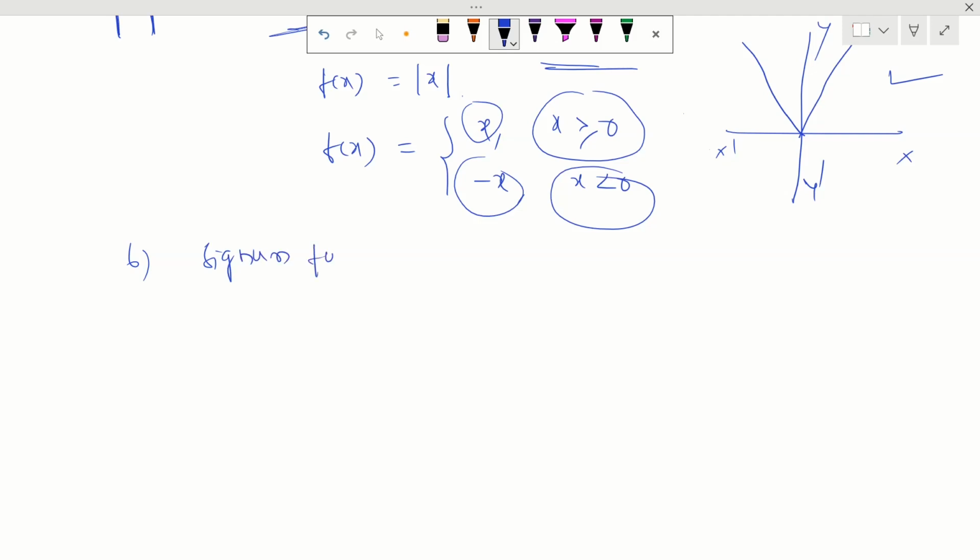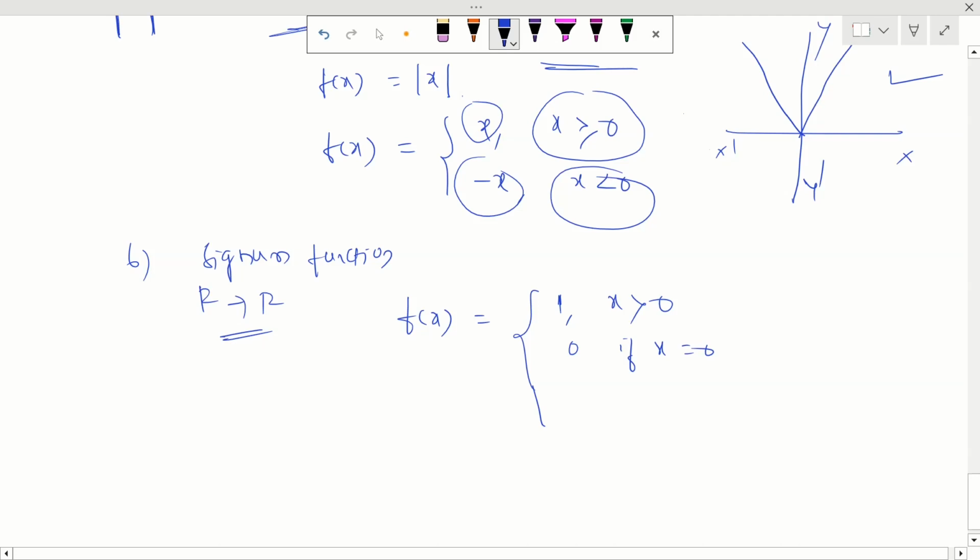Now we also have another function, that is the signum function. In the signum function, we define a function relation for the real numbers, with three different conditions. y is equal to 1 when x is greater than 0, y is equal to 0 if x is equal to 0, and y is equal to minus 1 if x is less than 0.